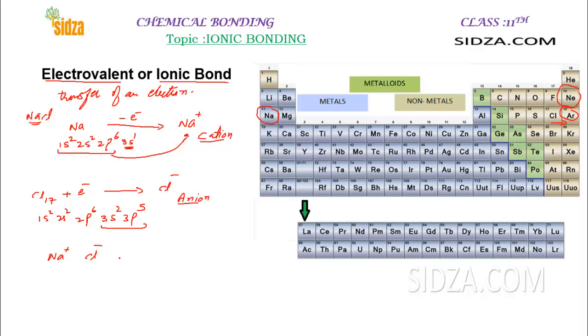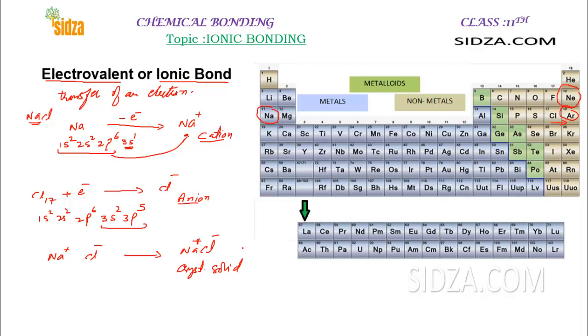These ions will form NaCl, so you get a crystalline solid. Most ionic compounds are crystalline solids because the force of attraction between those ions, which holds the ions together in the crystalline solid, is very strong.